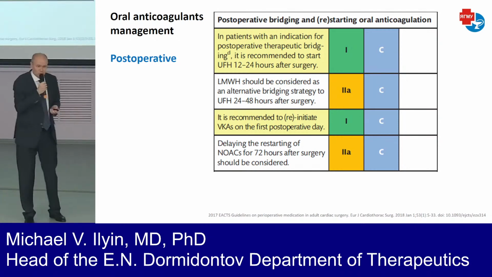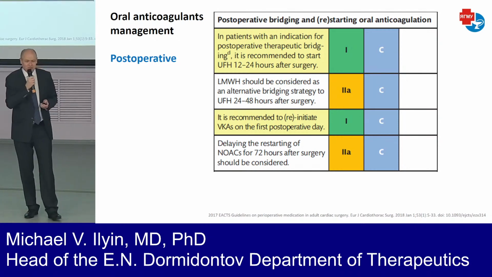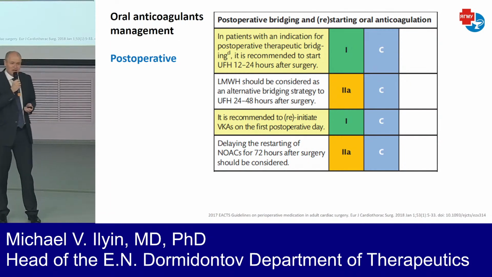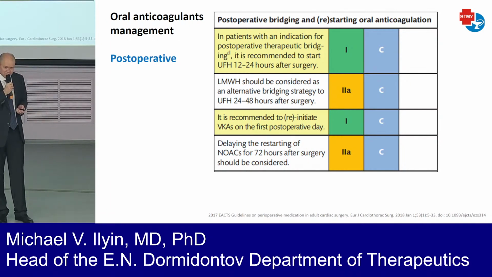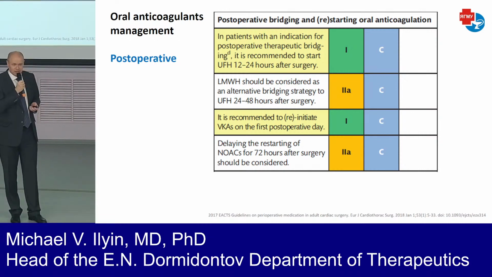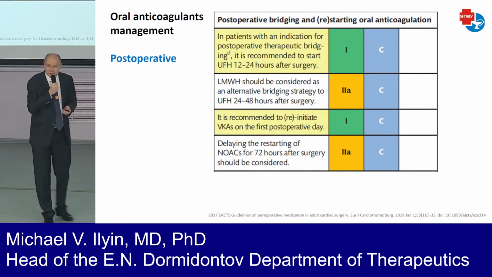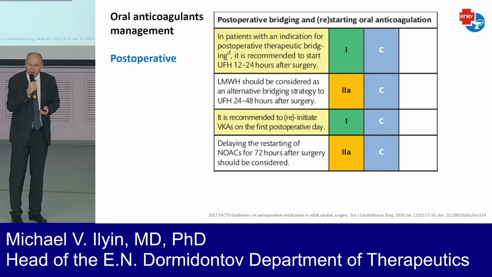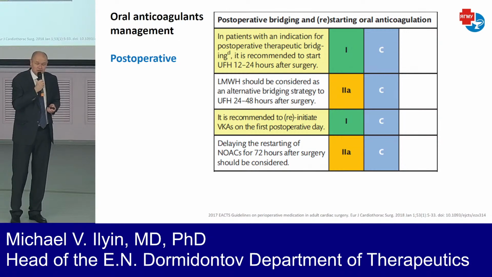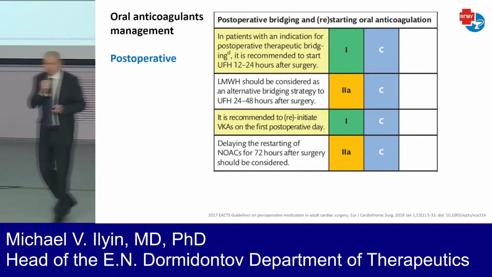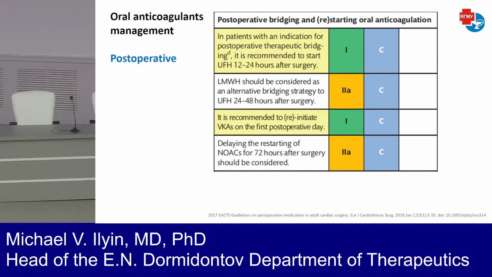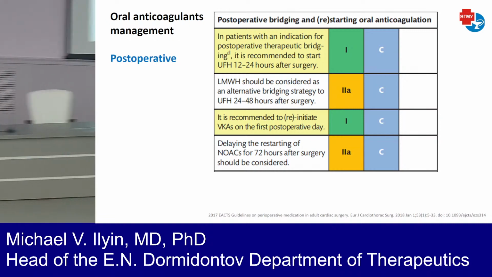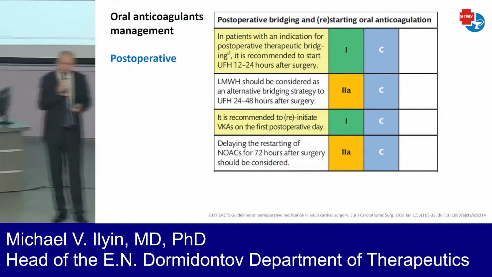If not, low molecular weight heparin should be considered as an alternative bridging strategy to unfractionated heparin 24 to 48 hours after surgery. But I have to say that we use unfractionated heparin in a wrong way, because we do not need to infuse it subcutaneously. We have to use some dosage pump, the infusomat.